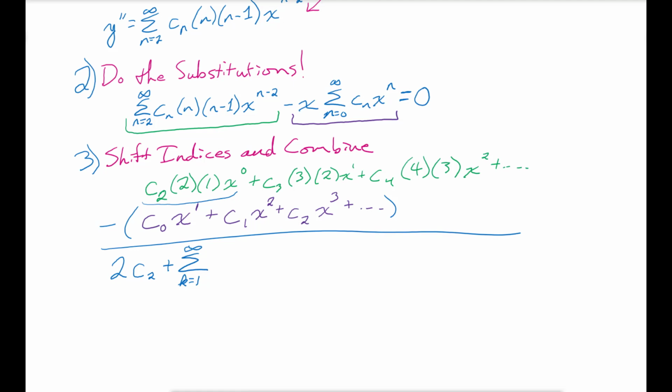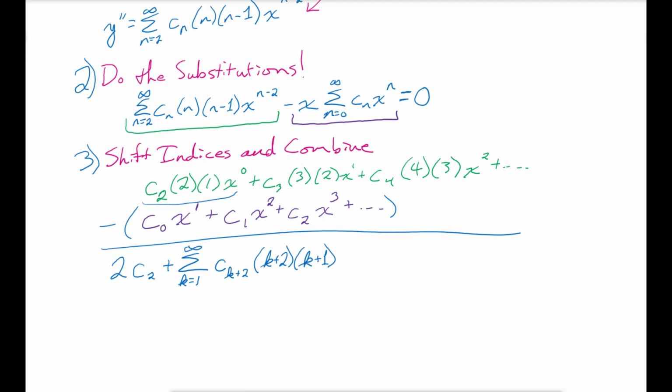And I'm going to rewrite what's going on here in terms of k equals 1. So c sub 3, to get from 1 to 3, I need to add 2. So I'm going to have k plus 2 times 3 times 2. Well, 3, to get from 1 to 3 again is k plus 2. To get to 2 is k plus 1.